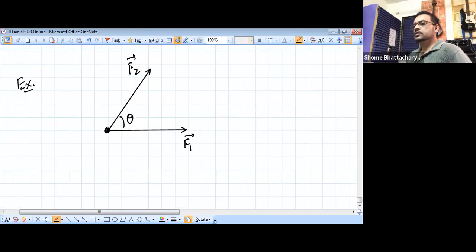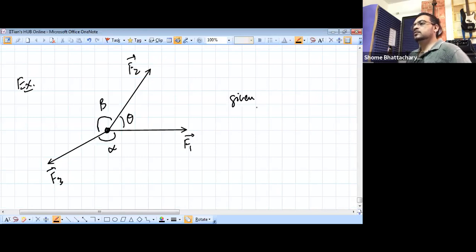And another force F3 acting like this, where this angle is, let's say, alpha, and this angle is, let's say, beta.